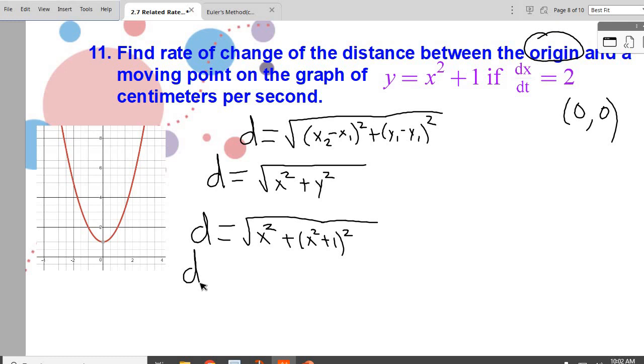So I could take the derivative of that, but eventually I'm going to have to do some plugging and chugging to figure out what dy/dt is, or I can just put everything in terms of x's. So I get x squared plus x to the 4th plus 2x squared plus 1. Agreed?